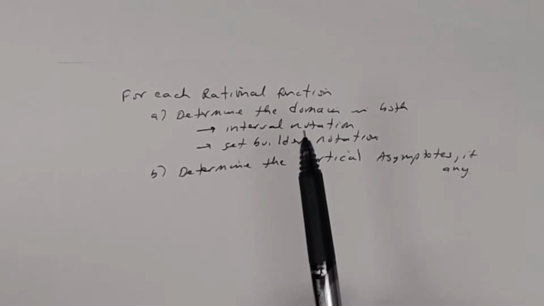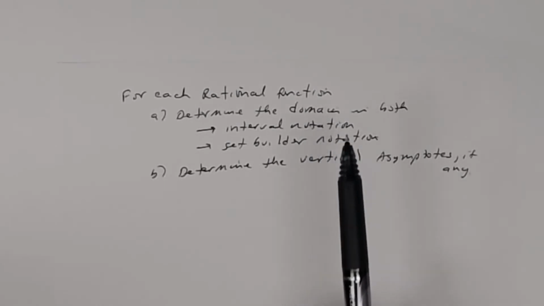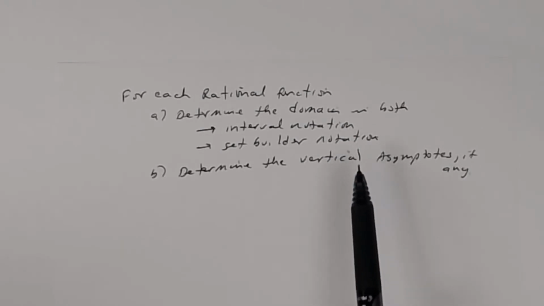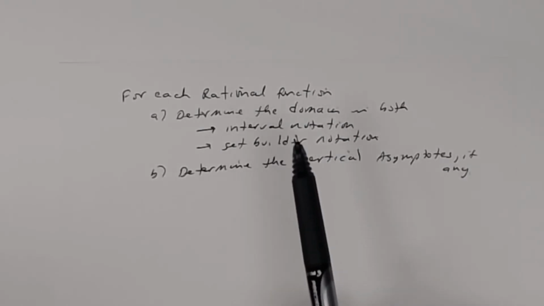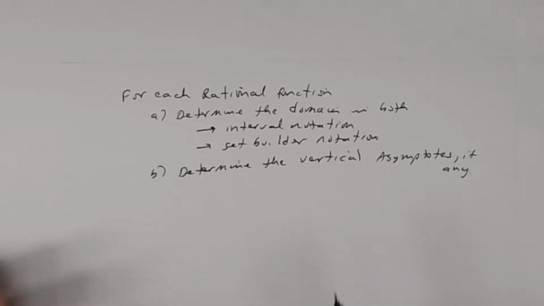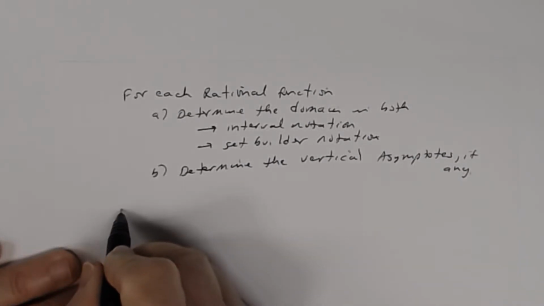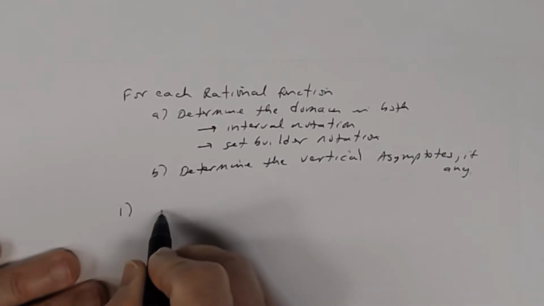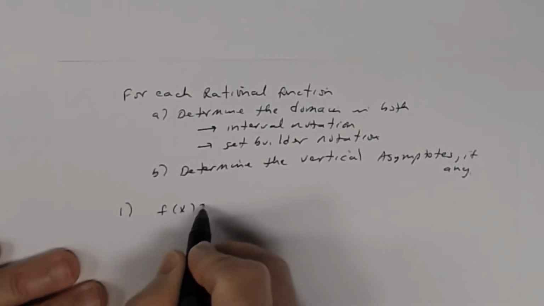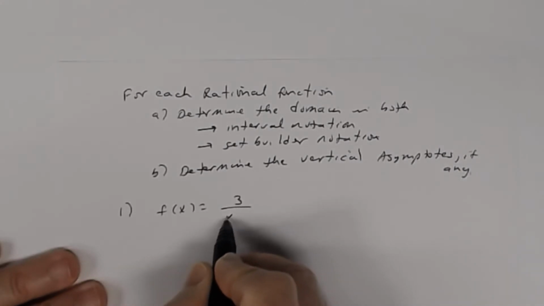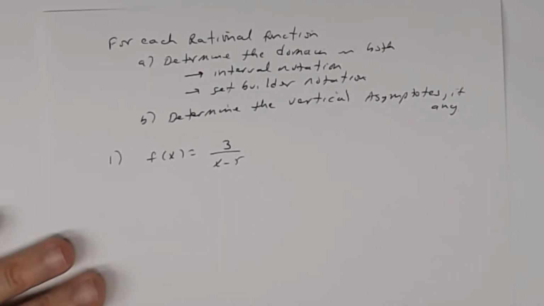All right, so remember, finding the domain has a correlation with finding the vertical asymptotes of a rational function. So let's do the first example. Here's problem number 1. Let's suppose our function is f of x equals 3 divided by x minus 5. That's going to be an easy one.